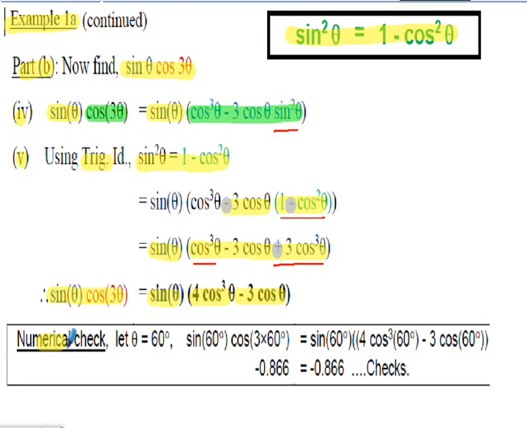Again, we can undertake a numerical check if we want to. If we let theta equal, say, 60 degrees, then put in 60 degrees on the left hand side and evaluating, we have a value of -0.866. And put in 60 degrees into the right hand side of the identity and evaluating, we again find we get -0.866. So checks.